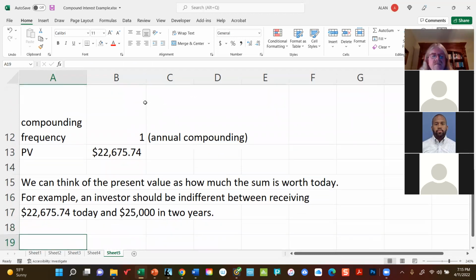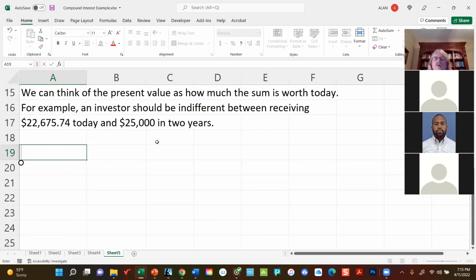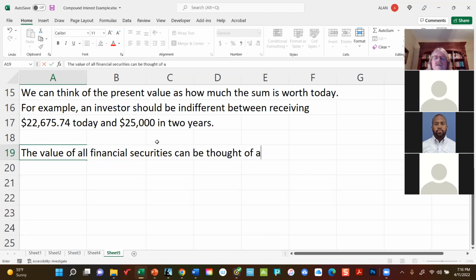All right. So it turns out that this is an awfully important idea because the value of all financial securities, not just derivatives, can be thought of as the present value of their future cash flows.